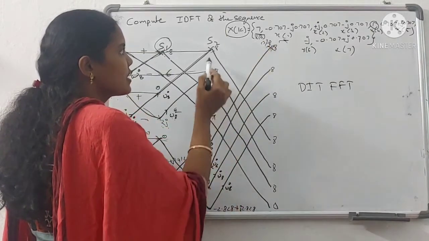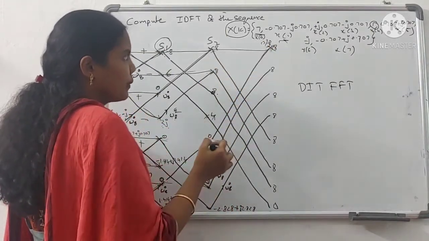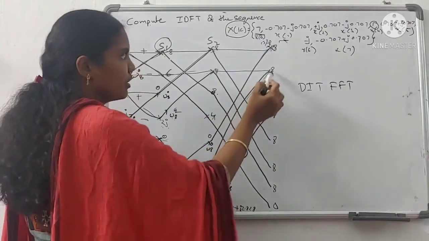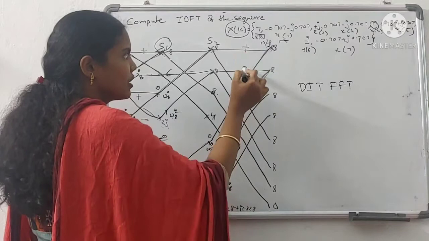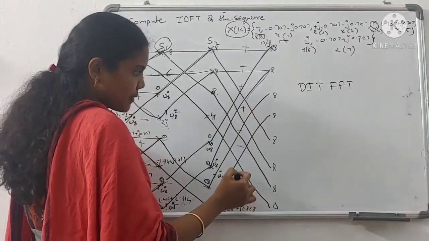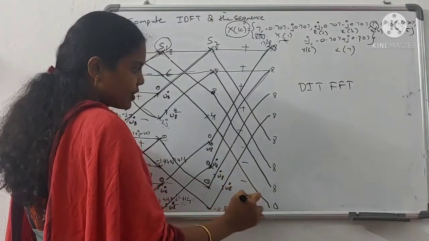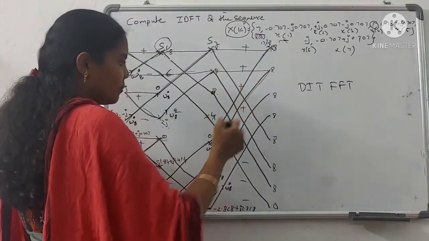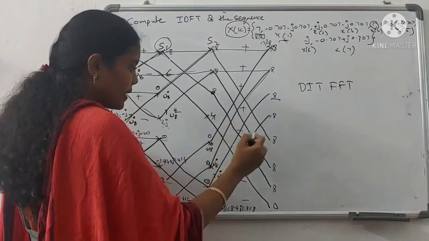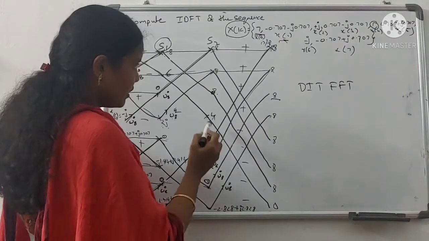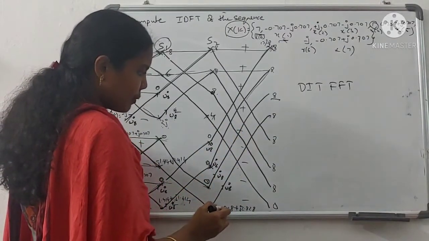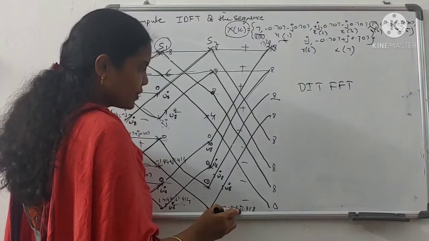Okay. So at last, the output stage. One input is 8, other input is 0. You are getting 8. One input is 8, other input is 0. You are getting 8. Here there are 4 additions and 4 subtractions. So 8 plus 0 is 8. 8 plus 0 is 8. 4 plus minus 2.82 plus j 2.80.